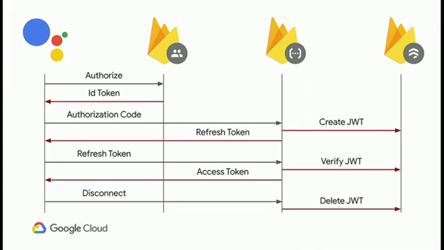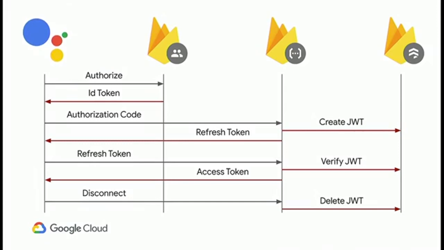In the example source code, you'll see that we use the same JWT standard to create the tokens that IoT Core uses to authenticate devices. Once we've created this refresh token, we can return it. This is a token that now authorizes Google to periodically request access credentials from our service, known as access tokens.